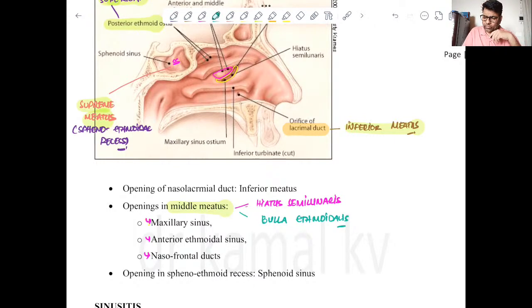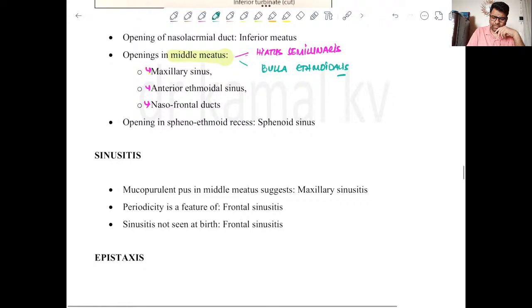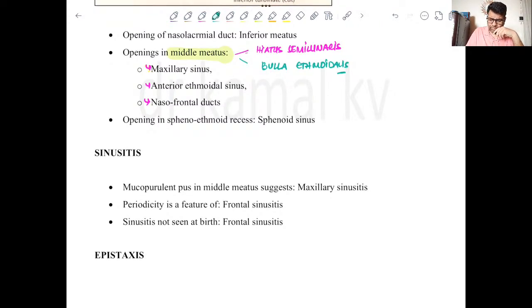Okay, right. Then moving forward to sinusitis. Again, if there is any mucopurulent pus in the middle meatus, that is suggestive of maxillary sinusitis. Usually frontal sinusitis is not seen at birth in a newborn, and the most important thing about frontal sinusitis is periodicity.